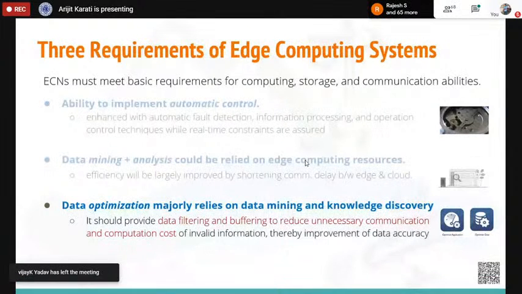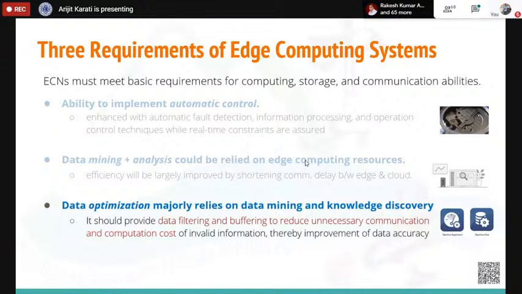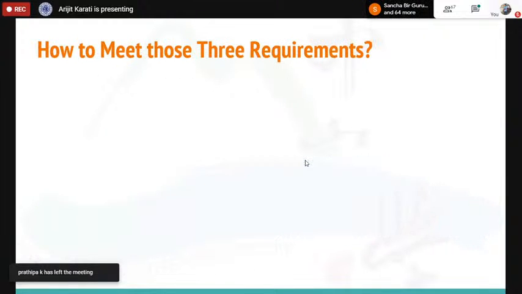Maybe they can use some buffering or storage concept, so that we need not consider any unnecessary communication between edge and cloud. First you filter out all that huge bulk data, then you get some result, and then send it to the cloud for further processing. So these are some requirements we can see.